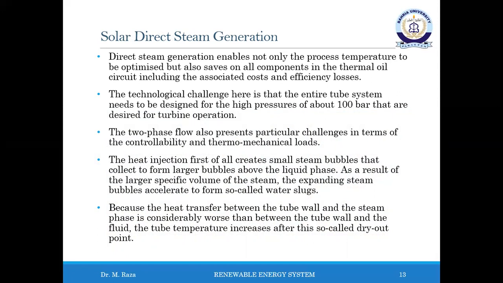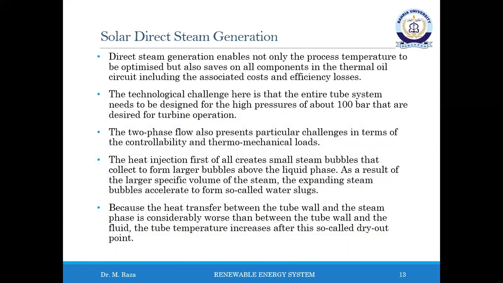The technological challenge here is that the entire tube system needs to be designed for the high pressure of about 100 bar that is desired for turbine operation. The two-phase flow also presents particular challenges in terms of controllability and thermomechanical load.